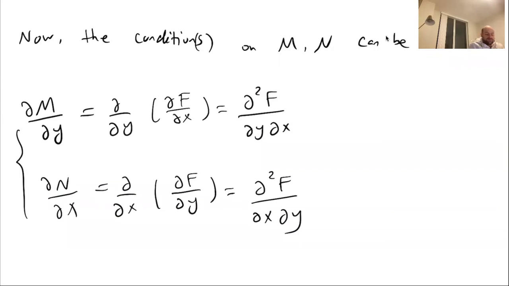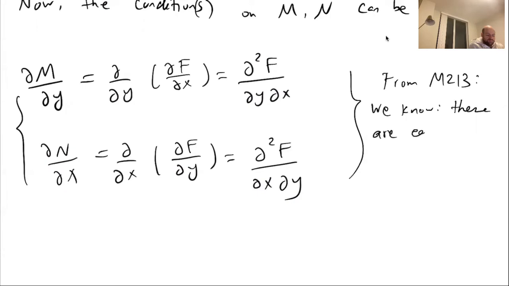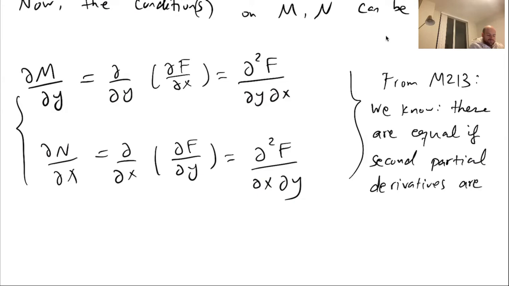So this is what you learn in Math 213, basically. From Math 213, we know these are equal if the second partial derivatives are continuous.